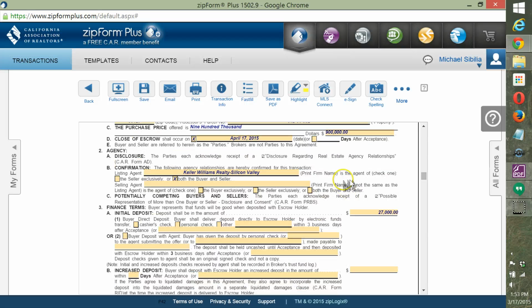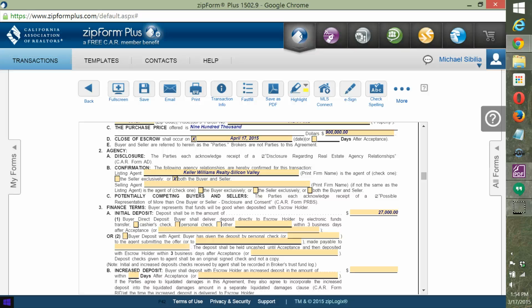What I'm saying is that if you had created a template, and in the template you had the selling office information already filled out, and you're writing an offer on one of our listings, it's going to automatically put our information in as the listing office 2, with the other agent's name.